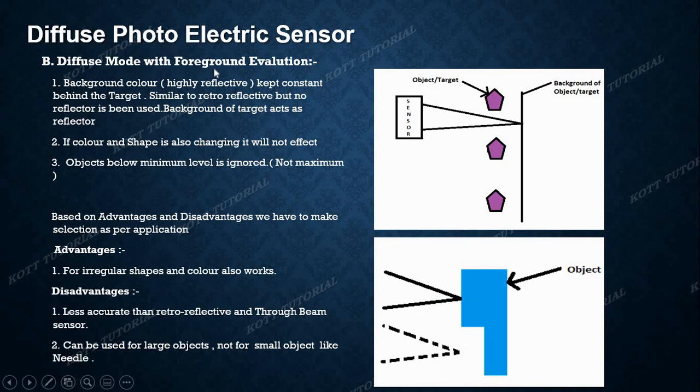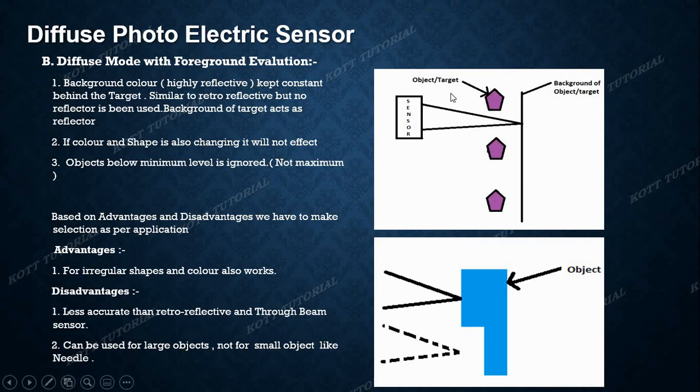Diffuse photoelectric sensor with foreground evaluation, that is a diffuse mode with foreground evaluation. We can also say foreground suppression. See, as the name suggests, it is independent of the foreground. Now here foreground means the product.